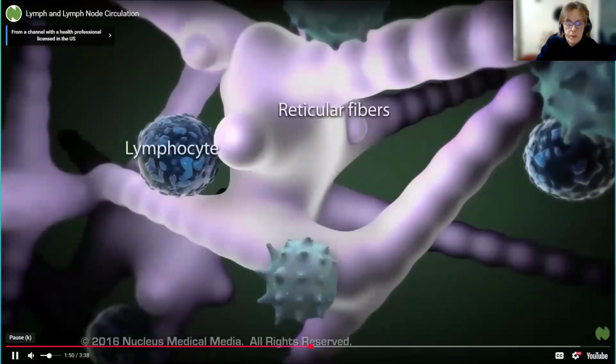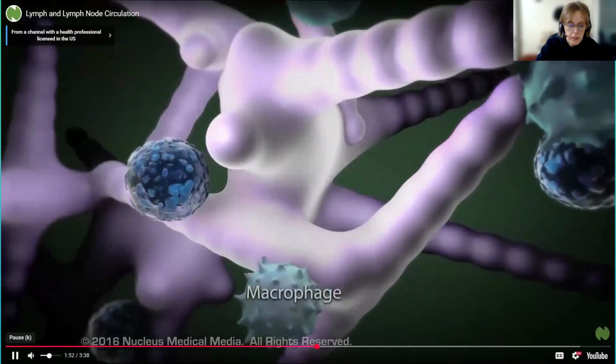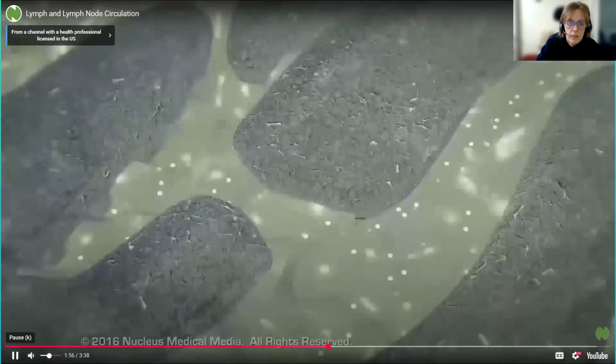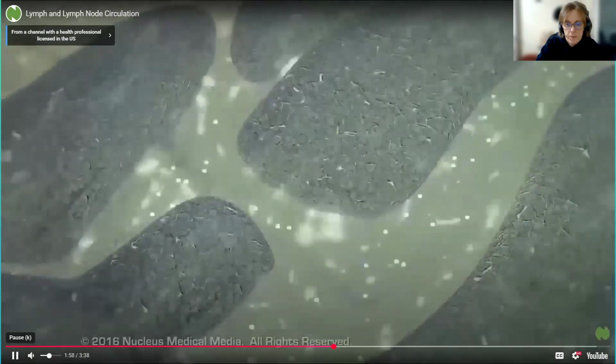So that's just the structure. You don't really need to know that. What you do need to know is it's full of white blood cells and it's an antigen presentation site.